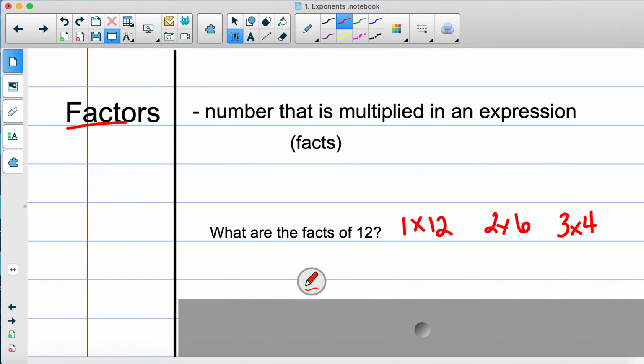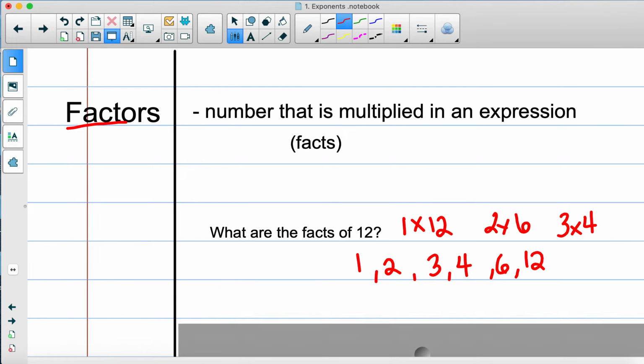Many times your teachers in the past had you go 1 and 12, 2 and 6, and 3 and 4. And that's probably the way you remember it.